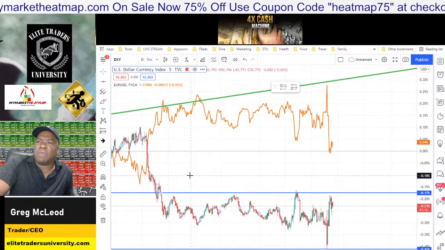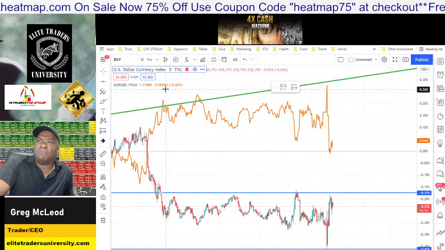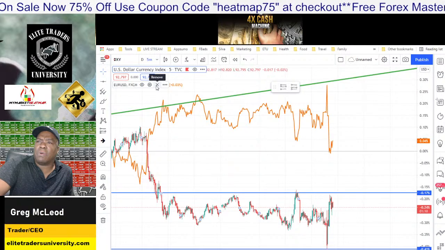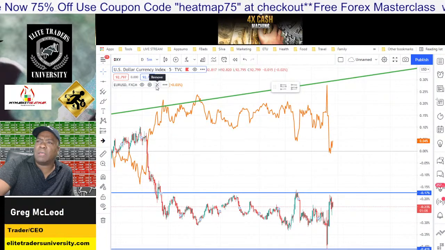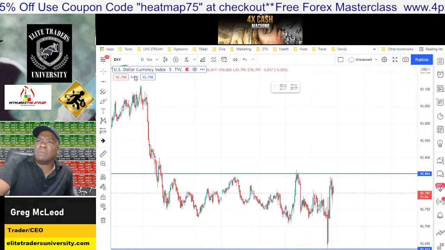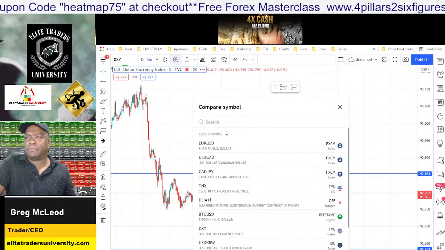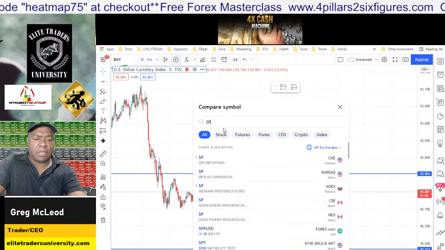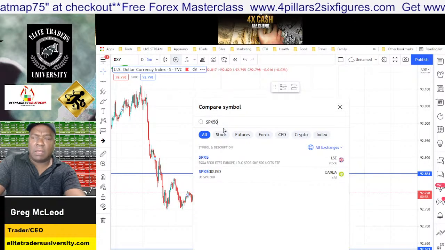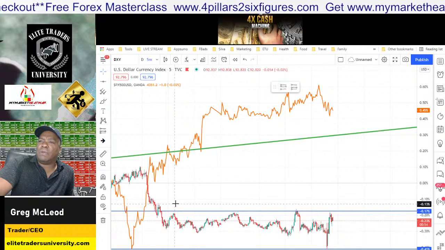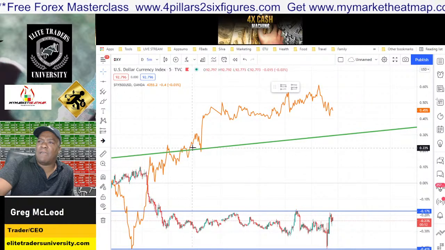So we can actually compare, for instance, I'm going to remove the euro, and I'll show you another correlate. We'll call this correlation trading. We can compare the dollar to the S&P 500. We go SPX. You gotta know the symbols, and I know, if you're just starting, you go, where are all these symbols, right? But you can see here is the S&P 500.